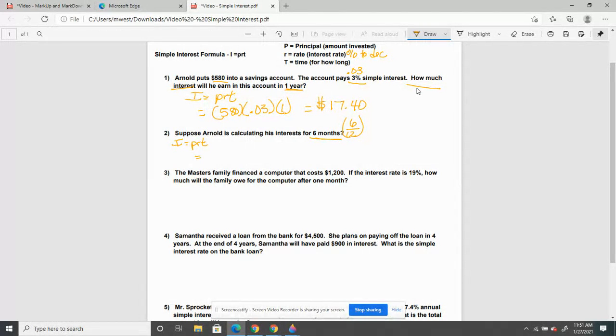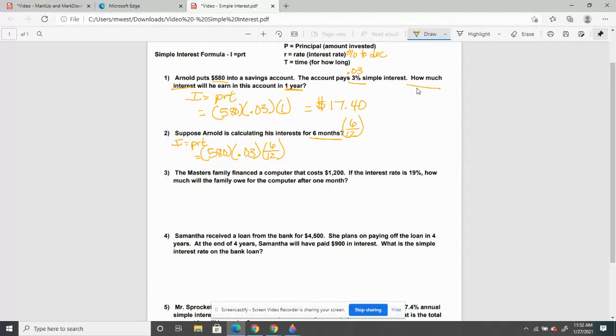And our principal, once again, is 580. Our rate is 0.03. And what changed this time was our time. We're only doing 6 months out of the year. So we put 6 over 12. If it was 3 months, you would put 3 over 12. 8 months, 8 over 12, and so forth.